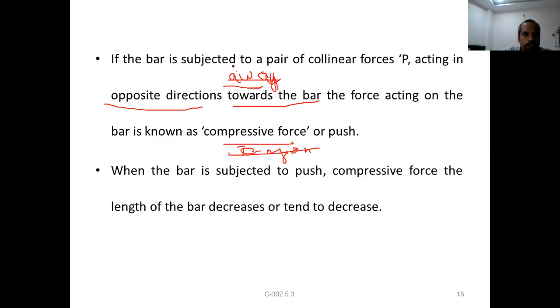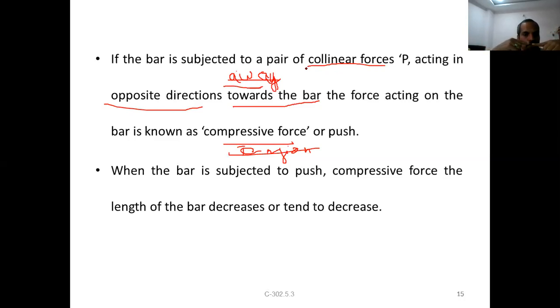If the body is subjected to a pair of collinear forces, collinear means along the same line of action. Forces which have the same line of action are called collinear forces. In this case, they are collinear, all acting along the axis of the member and in opposite directions.